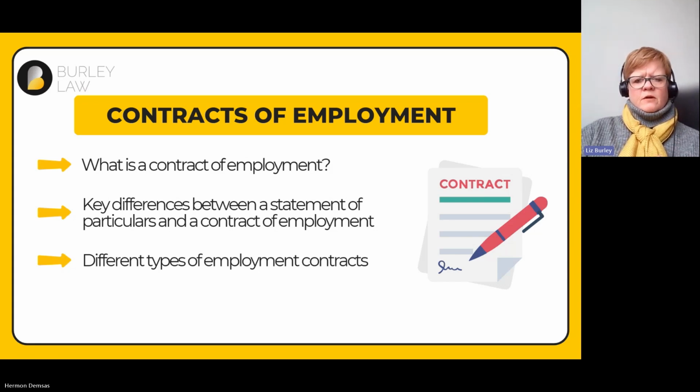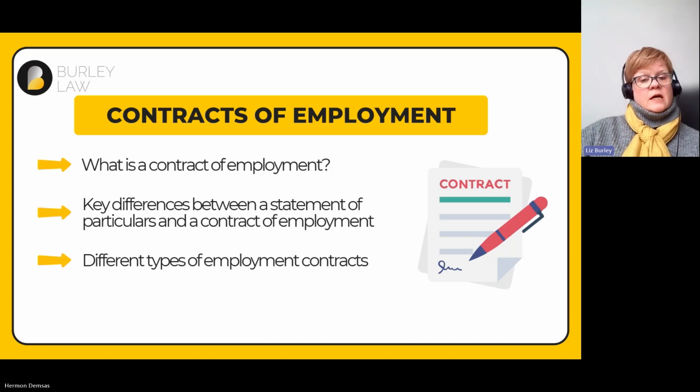But a written contract can be much broader than that and cover things that go well beyond the list of items that I've talked about in the written statement of terms that's required under law. Things like conduct, rules about workplace behaviour. It often goes into details about any bonus that might be on offer that's available to the employee.